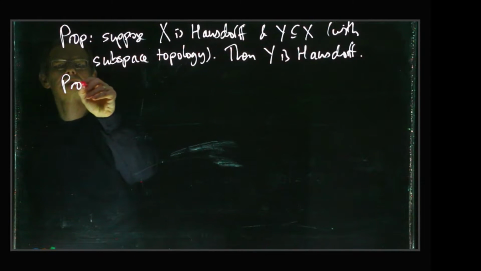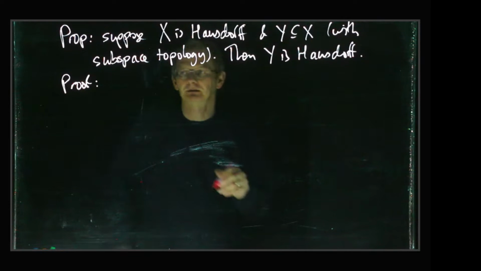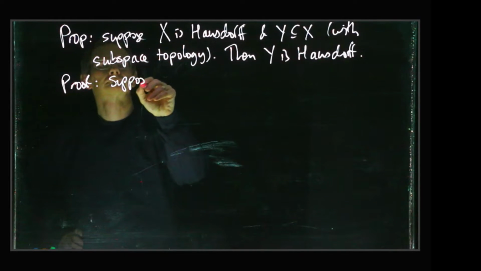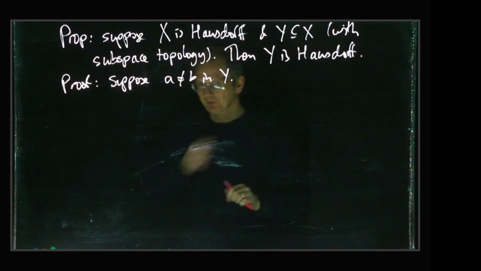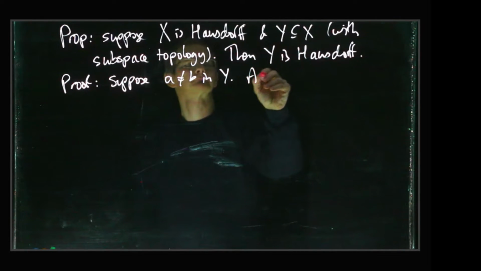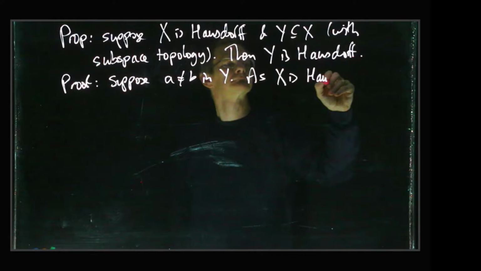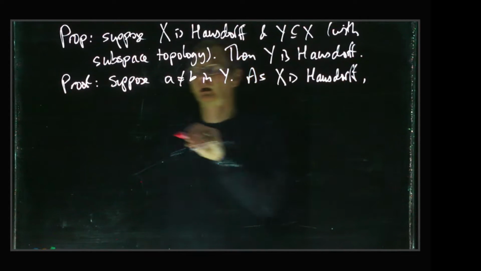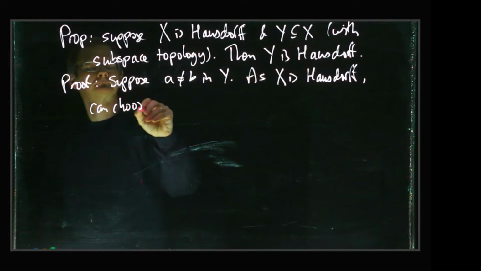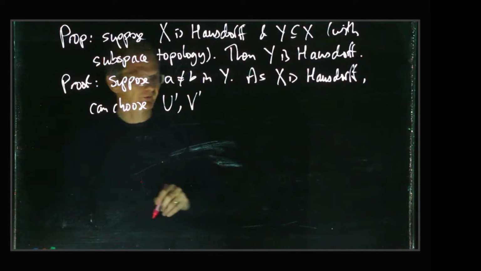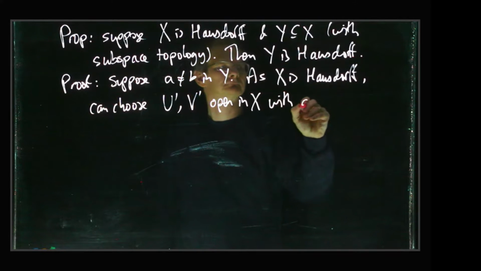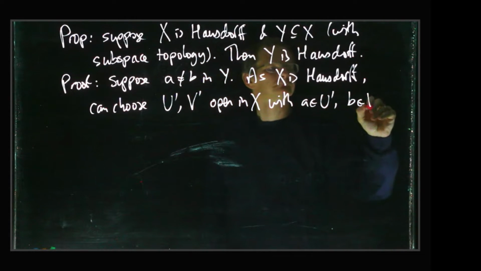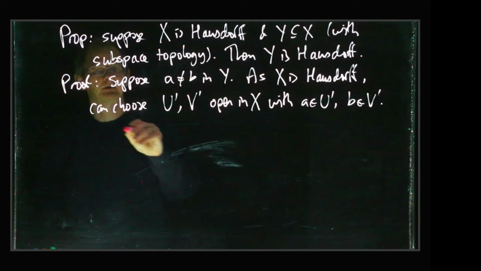Proof: suppose we've got two distinct points A and B in Y. As X is Hausdorff, we can choose two sets U prime and V prime that are open in X, with A in U prime, B in V prime, and U prime intersect V prime empty.